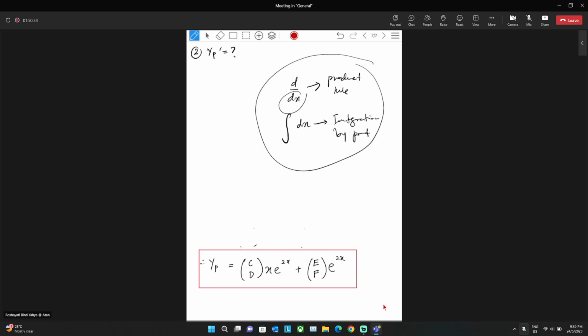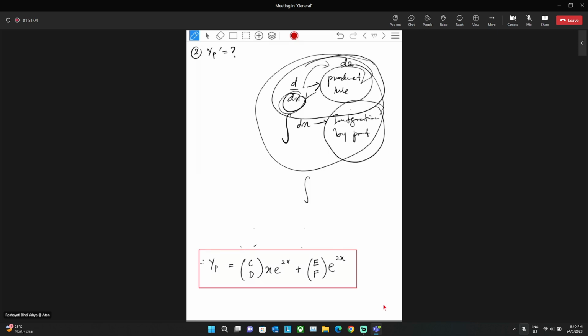Make sure yang ini. Sometimes kalau you move DX ke right side, dia boleh berada di atas. But the thing is we are now going for differentiation. Tak ada sebut integration by part. Kalau integration by part kita dah tak guna product rule, of course integration by part it has integrate.